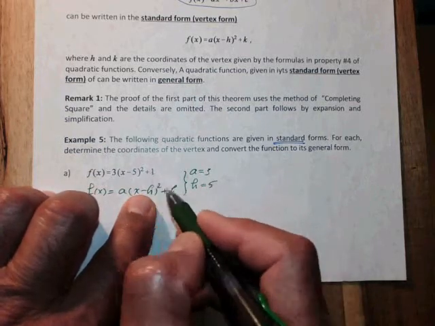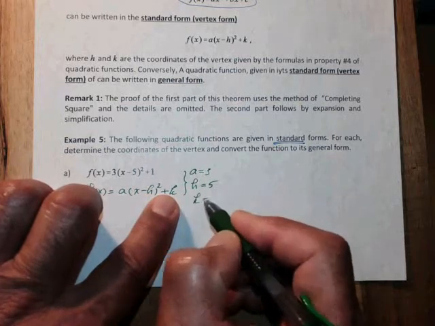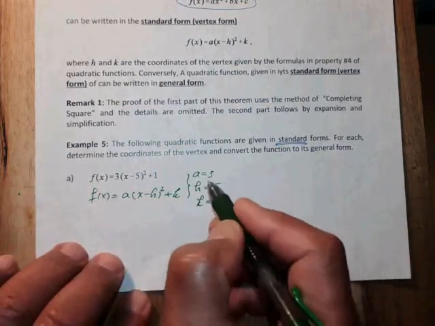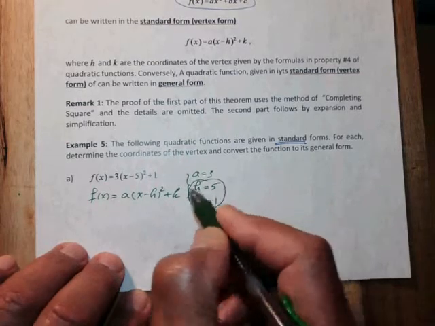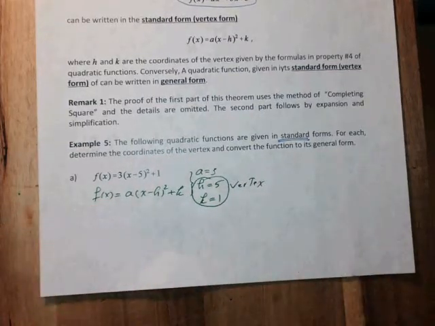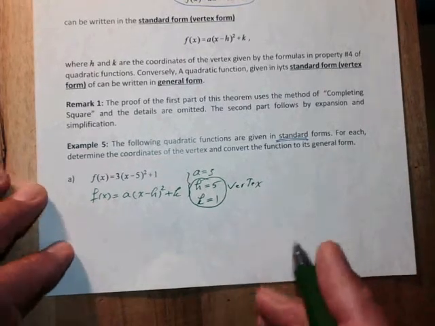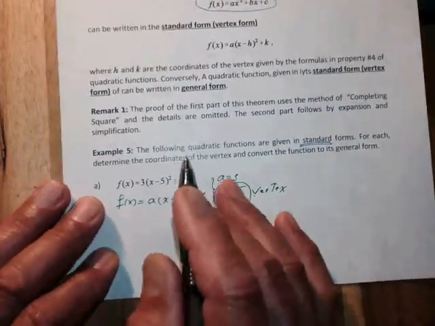And then plus corresponds to plus, and 1 corresponds to k, so k is equal to 1. So here we go, this is your vertex. I don't even have to use the formula for it, because it's right there, I can get it from the shape.